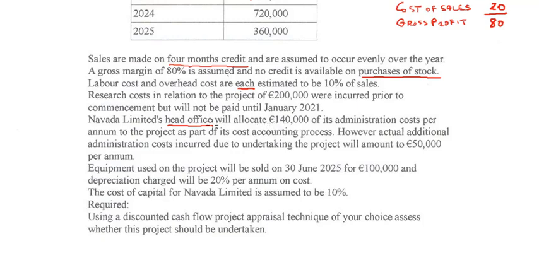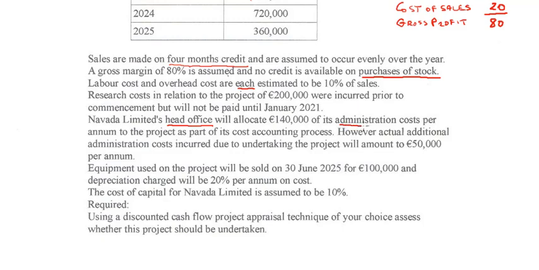The head office will decide how much each project has to allocate. So they're going to allocate 140,000 of this new project's cash flow to its administration costs.